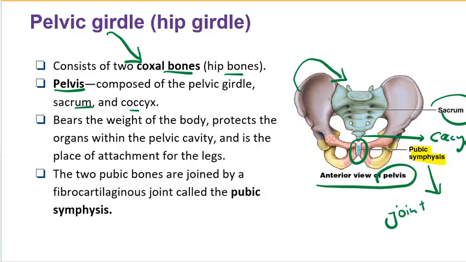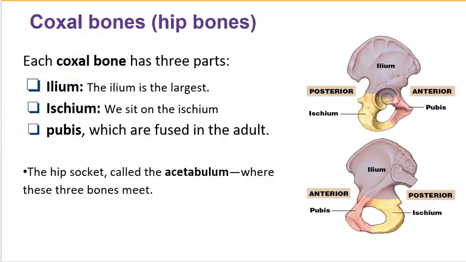At the back, each hip bone articulates with the sacrum and makes the sacroiliac joint. Sacroiliac joint means the joint between the sacrum and the ilium, the ilium part of the hip bone.